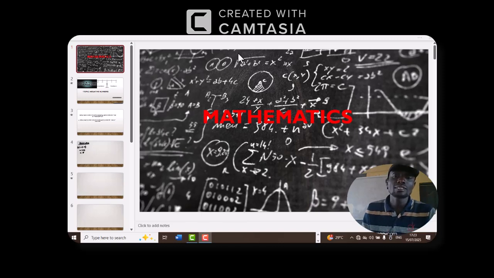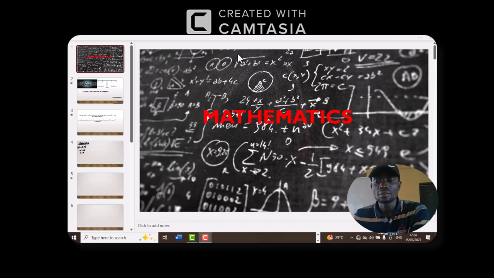Last class we dealt with order of operations where we treated BODMAS. We need to understand that the operations in mathematics are carried out in order, and the acronym of the order is BODMAS.